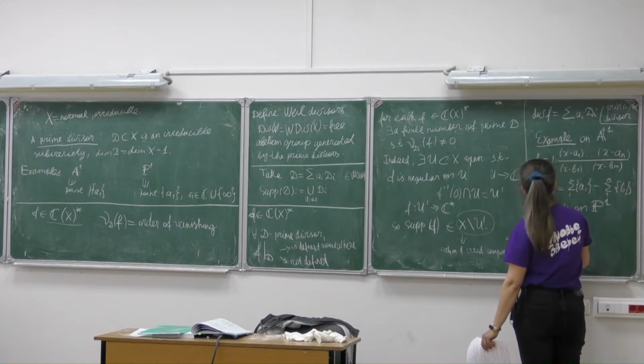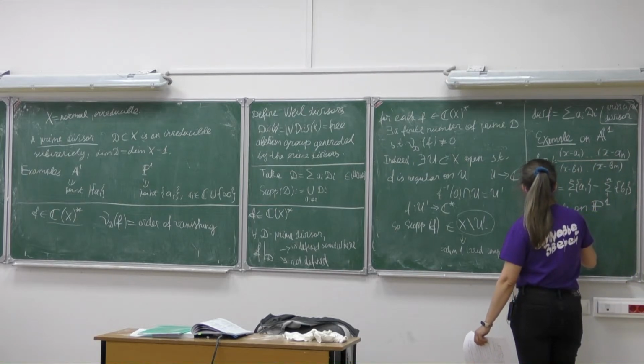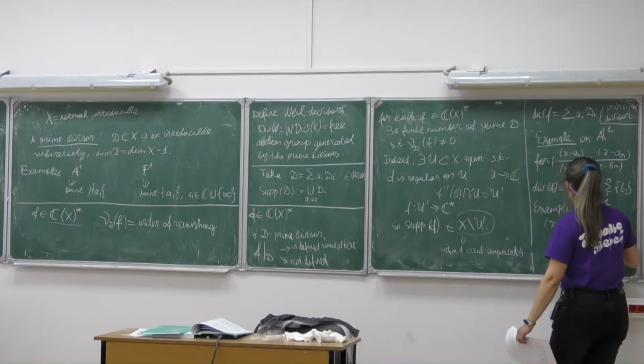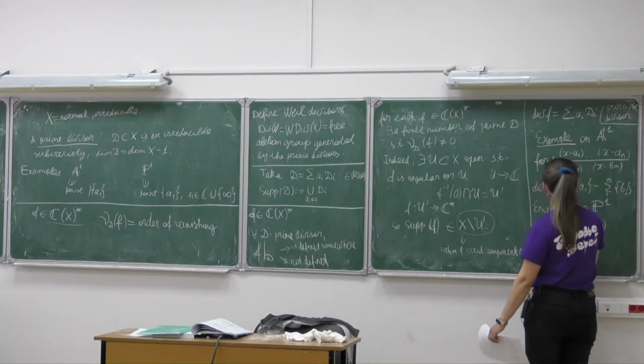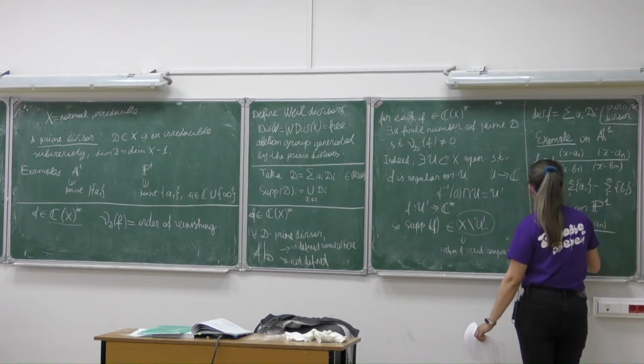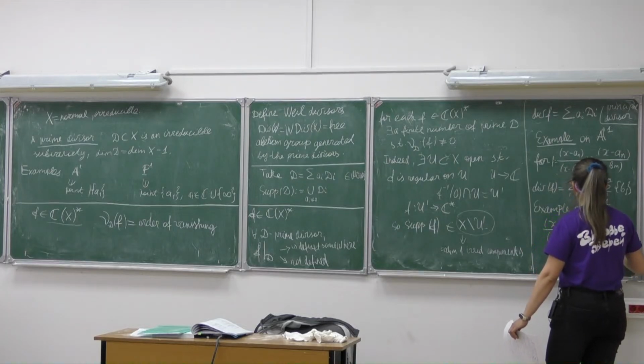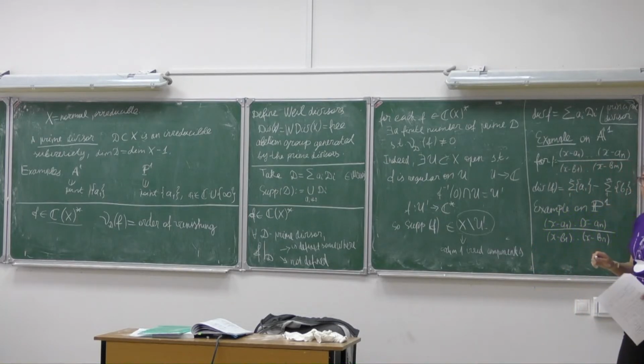We have (x minus a1) etc. (x minus an) divided by (x minus b1) etc. (x minus bn).